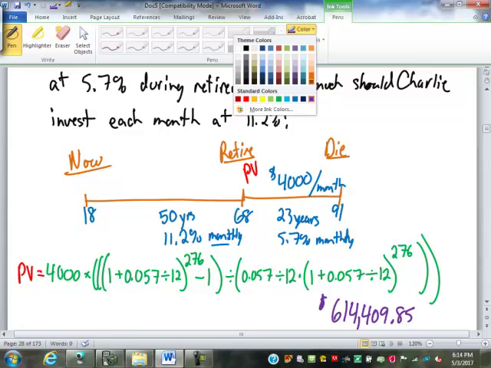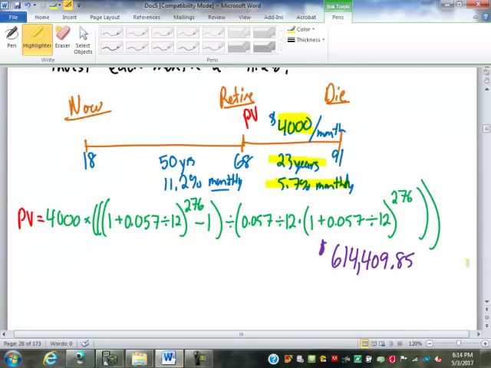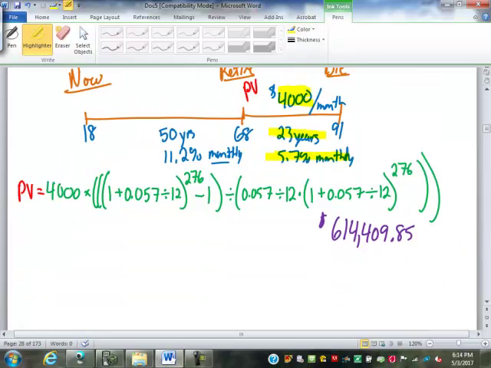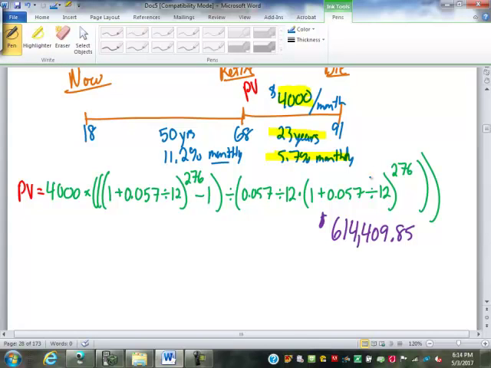So in order to draw that 4,000 a month for 23 years, 5.7% interest, Charlie only needs about $615,000. So now we need to figure out what Charlie has to put away each month while he's saving.